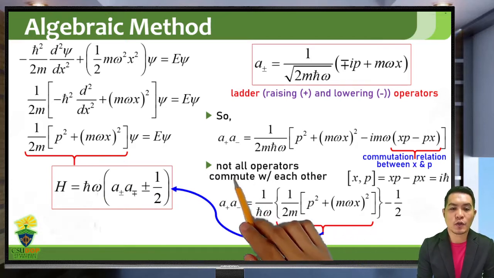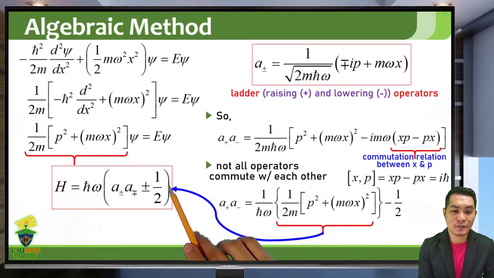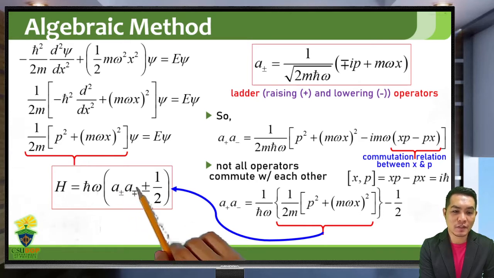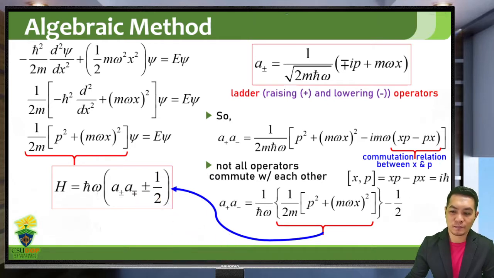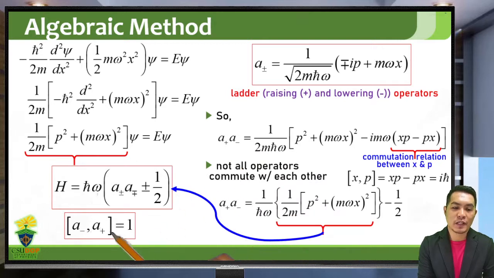So of course you can also multiply a minus to a plus. Therefore you can have two definitions of the Hamiltonian operator in terms of the raising and lowering operators. You can use a plus a minus plus 1/2, or you can also use a minus a plus minus 1/2. So you have two options to choose from. You will also notice that the commutation relation between the raising and the lowering operator, meaning a minus a plus minus a plus a minus, is not equal to 0.